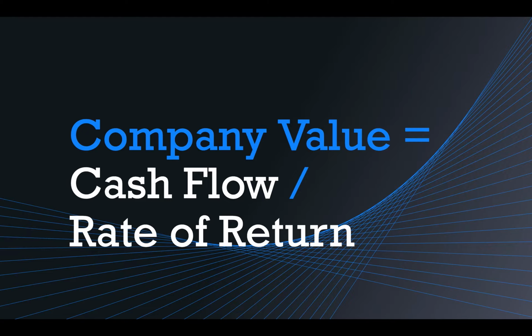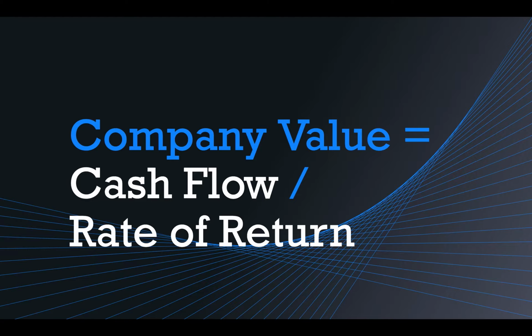So, for example, if we're doing the company value, and the company took in $50,000 worth of cash in the last year. Well, in a risk-free situation, 50,000 divided by 0.03 would mean that's the equivalent of investing $1.6 million in a risk-free asset.